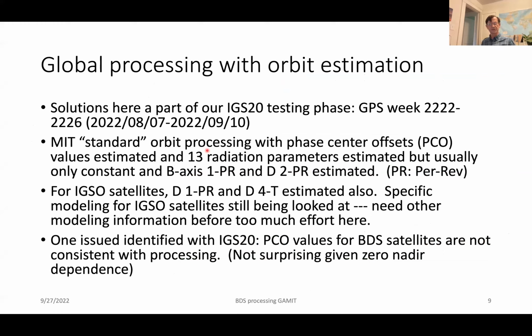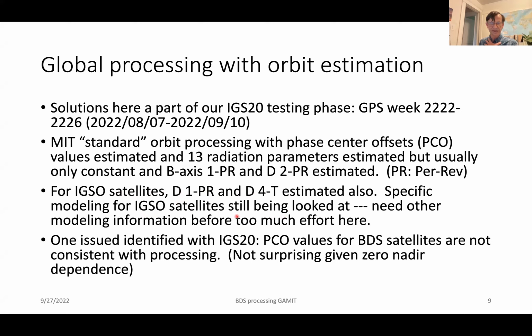For our global processing, we're doing this for the IGS 20 testing phase, and we've run from weeks 2222 to 2226, which is August to September. Again, this is our standard MIT processing. For the inclined geostationary satellites, the way our algorithms are working, because of the poorer overlaps in those orbits, we are actually estimating the once per rev direct and 4 times per rev direct pressure radiations on those forces as well.